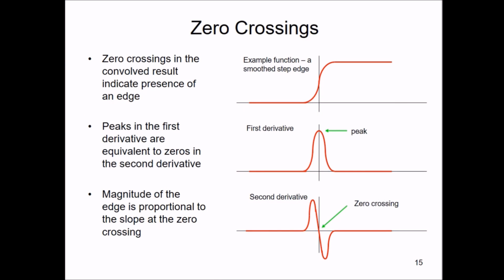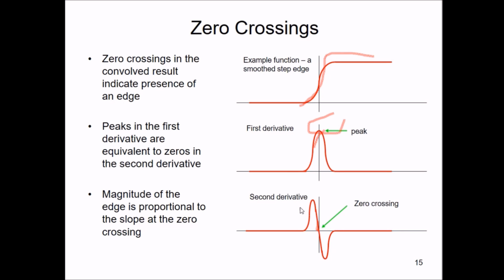Now coming to zero crossing. The zero crossings in the convolved result indicate the presence of an edge, right? If it is a zero crossing, then we say that there is an edge. So this is an example function of a smooth step edge. If you take the first derivative, this peak is the first derivative. These are equivalent to the zeros in the second derivative, like this.